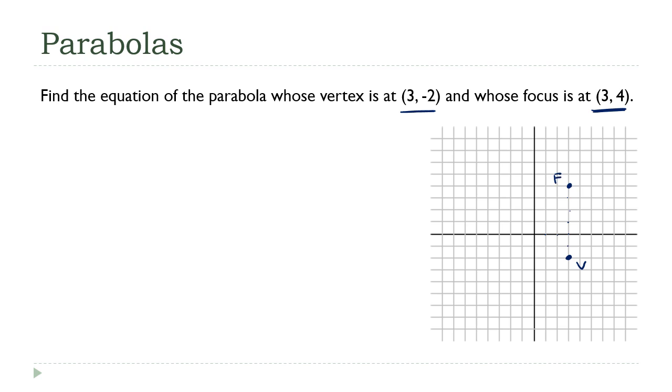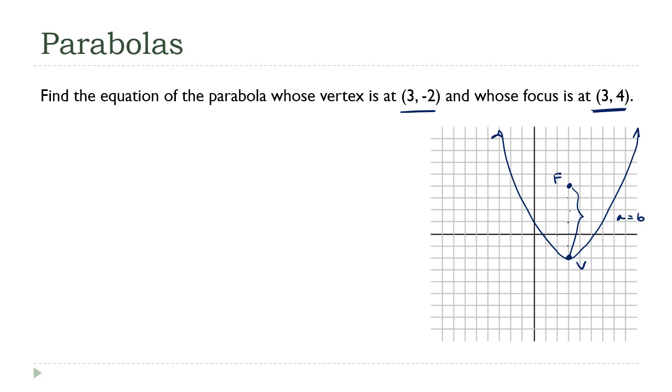Now I know my parabola looks like this, right? Because the focus has to be on the inside. And I know that this distance here is a. So a equals 6. So here's what I'm going to do. I'm going to find the equation just like we did before, when the vertex was at the origin.